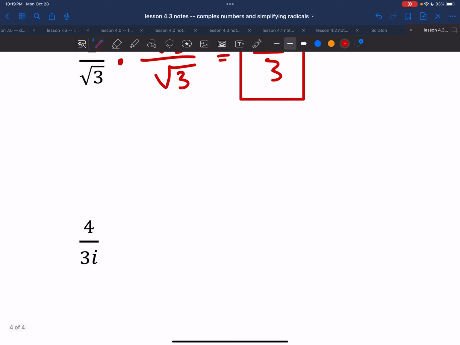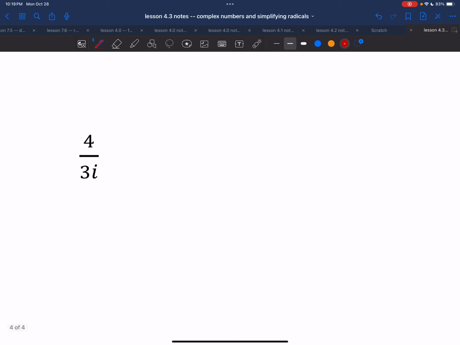Okay, next one, 4 over 3i. So again, you'd multiply by the conjugate, which would be negative 3i over negative 3i. Though I want you to keep in mind what's really going on, what's going to make your denominator real. Negative over negative doesn't change the fact that the denominator has an i.